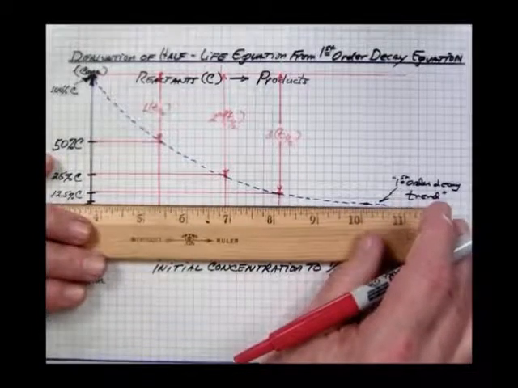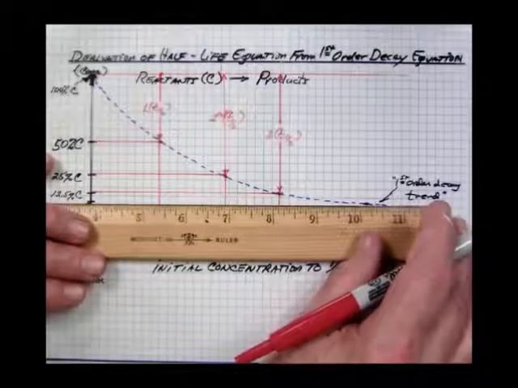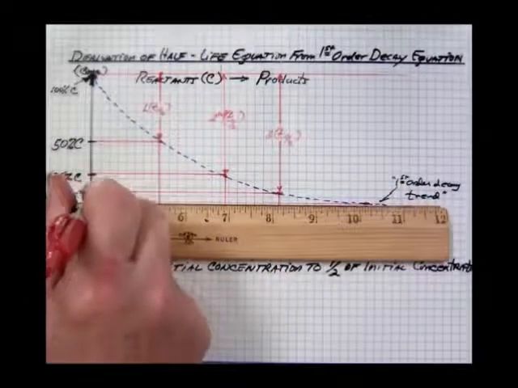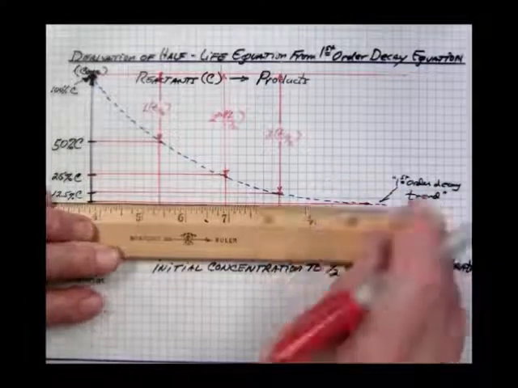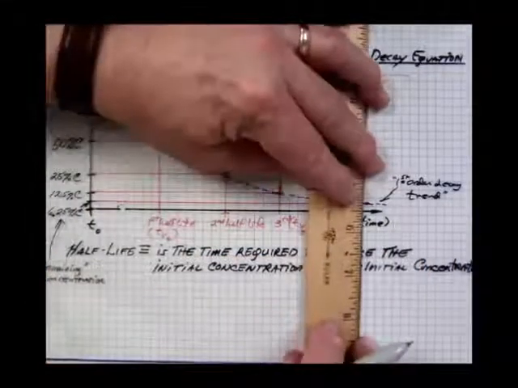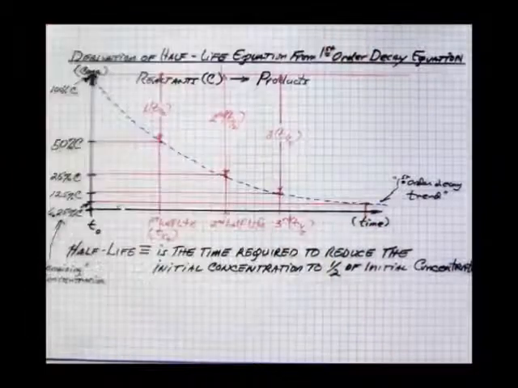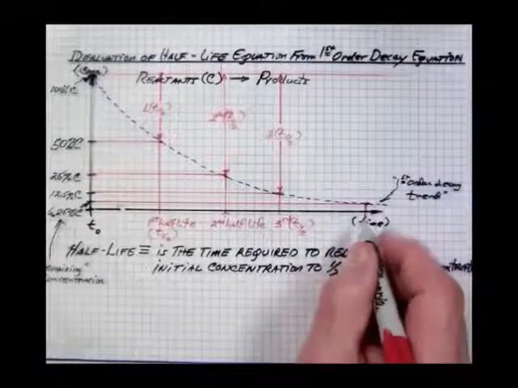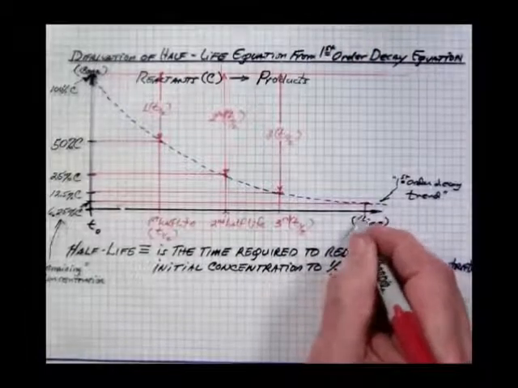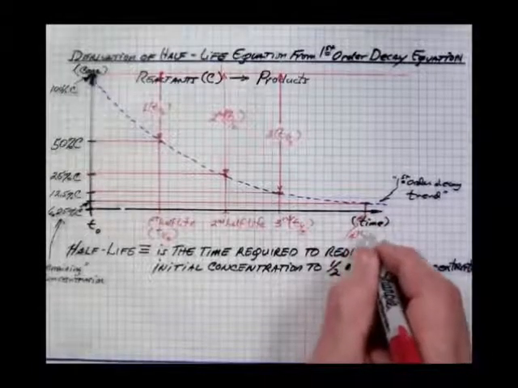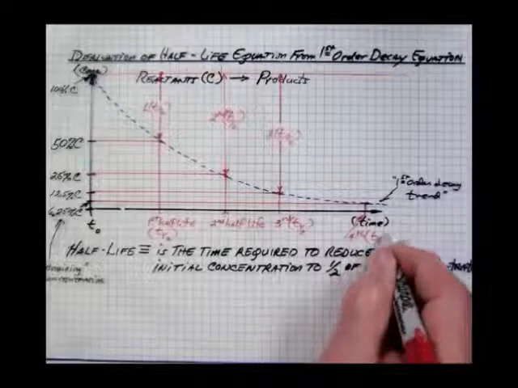So we'll draw our line from there to here, and then drop down to the time axis right there, and that position is the fourth half-life.